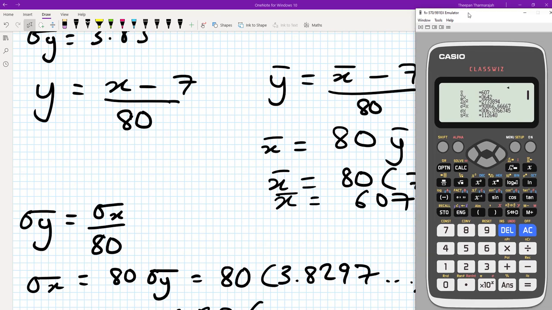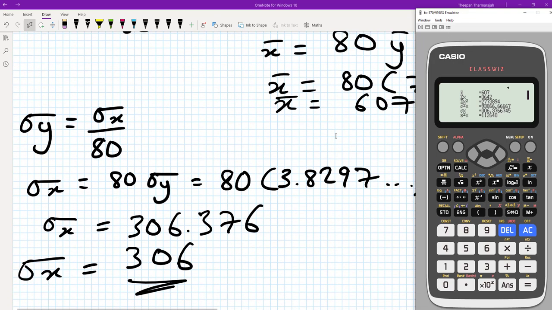That's fine. And we now need to check the standard deviation in this case, which is 306, which is correct.